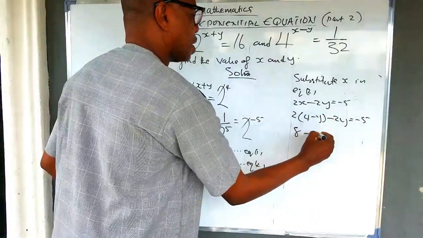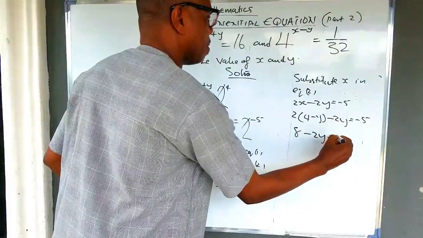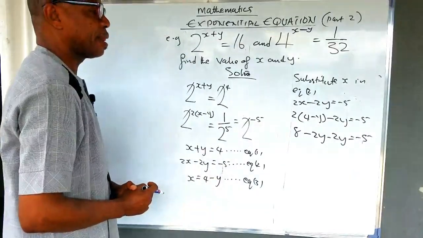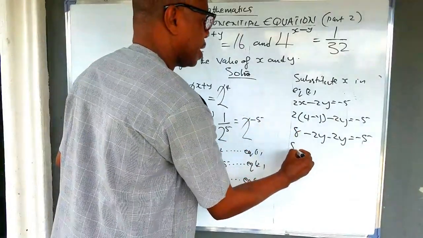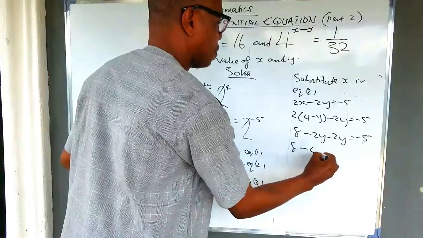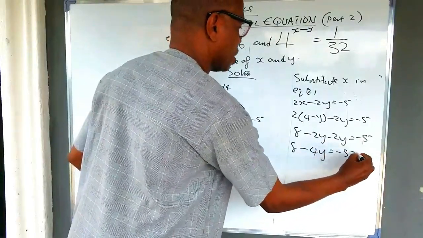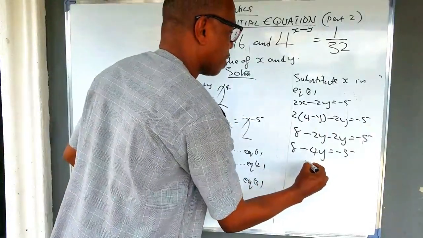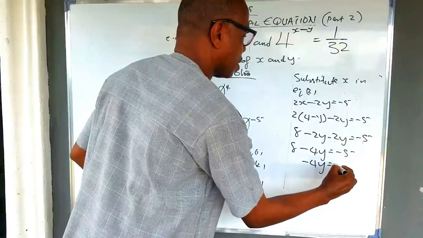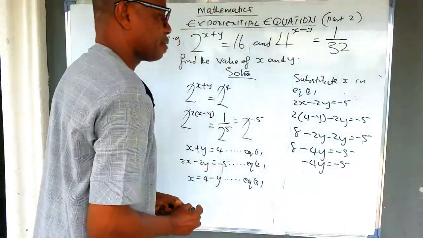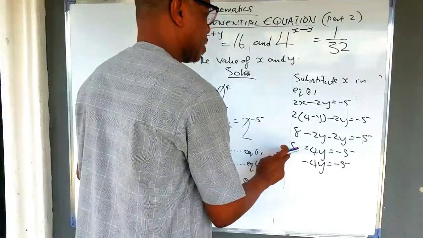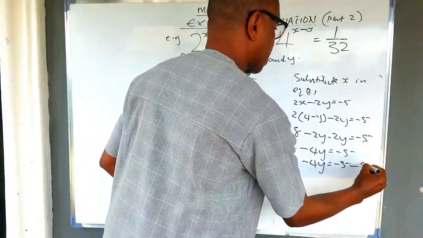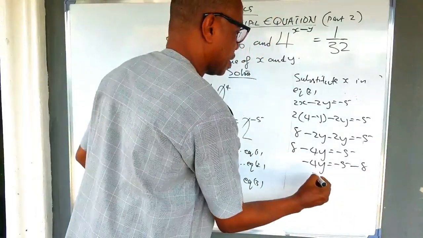Then 2 times 4 is actually 8. 2 times y there is 2y. Minus 2y is equal to minus 5. Okay? And then this means 8 minus 2y minus 2y will give you minus 4y is equal to minus 5. Now, collecting like terms, I will now have it that minus 4y is equal to minus 5, and 8 crossing over will become minus 8.